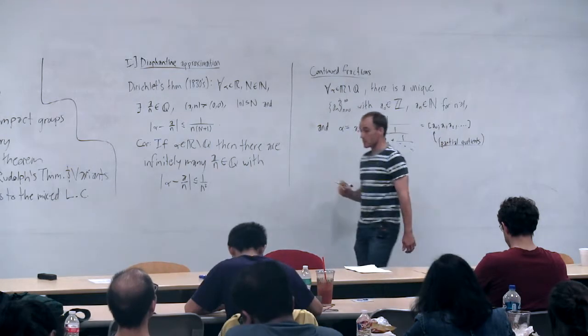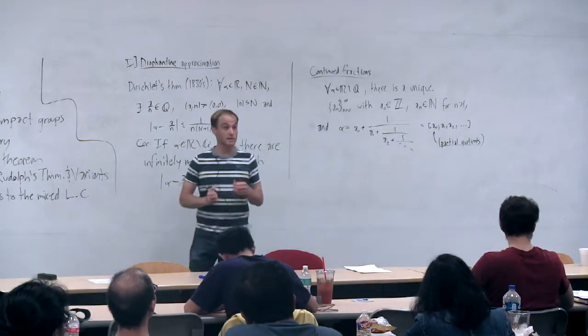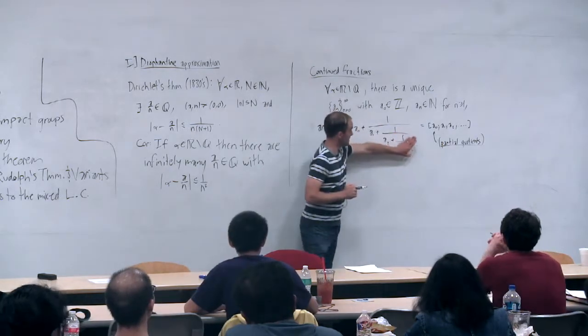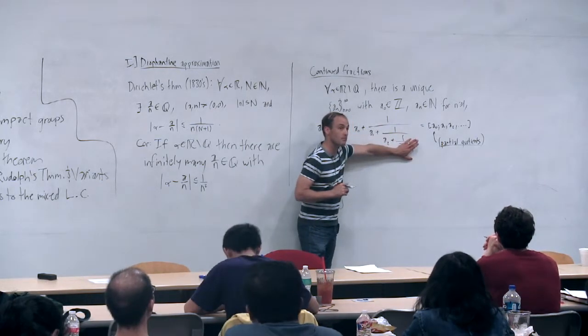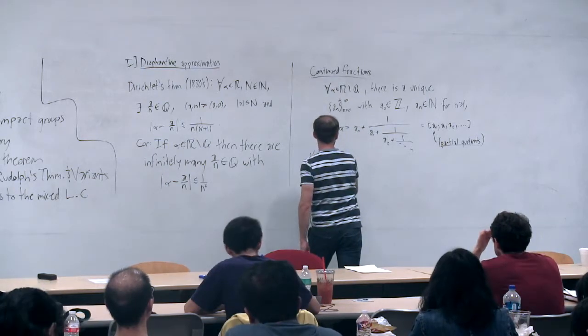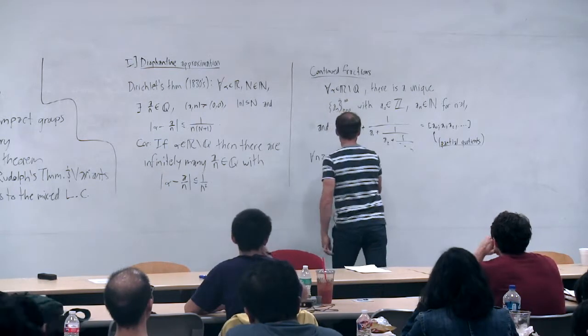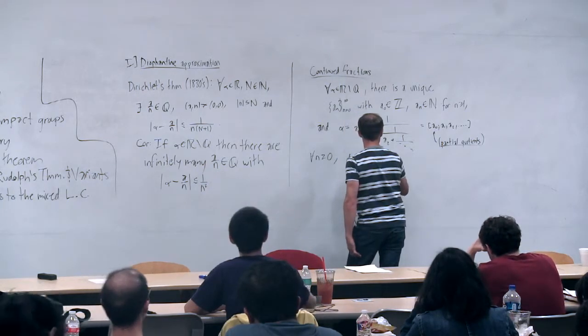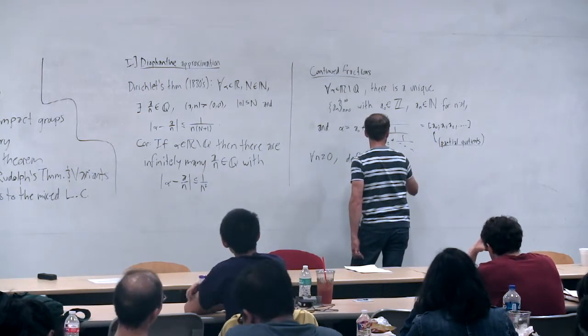And there's another collection of important quantities which are associated to the continued fraction. They're what you get by stopping this infinite process at some finite step. So for each n bigger than or equal to 0, let's define the rational number P_n over Q_n to be what you get by running the continued fraction expansion out to n and then stopping.